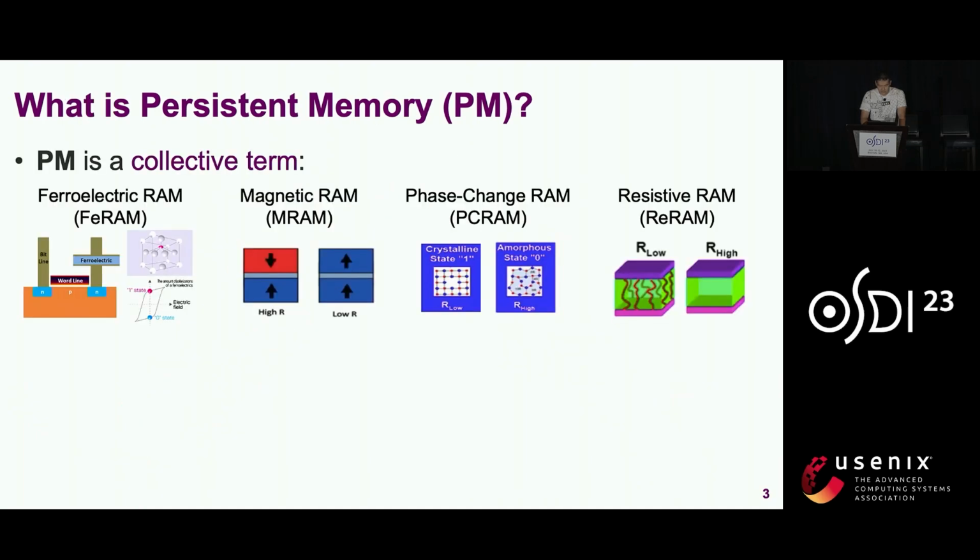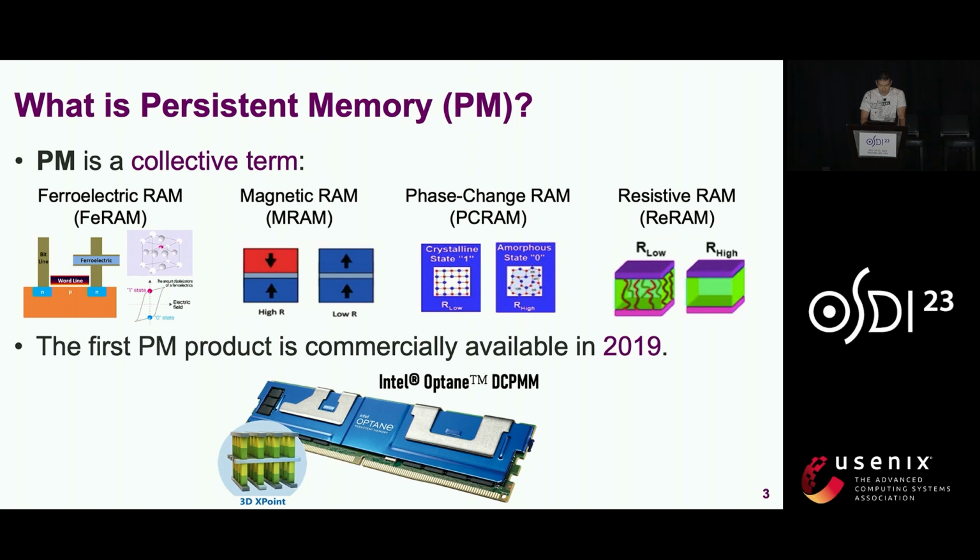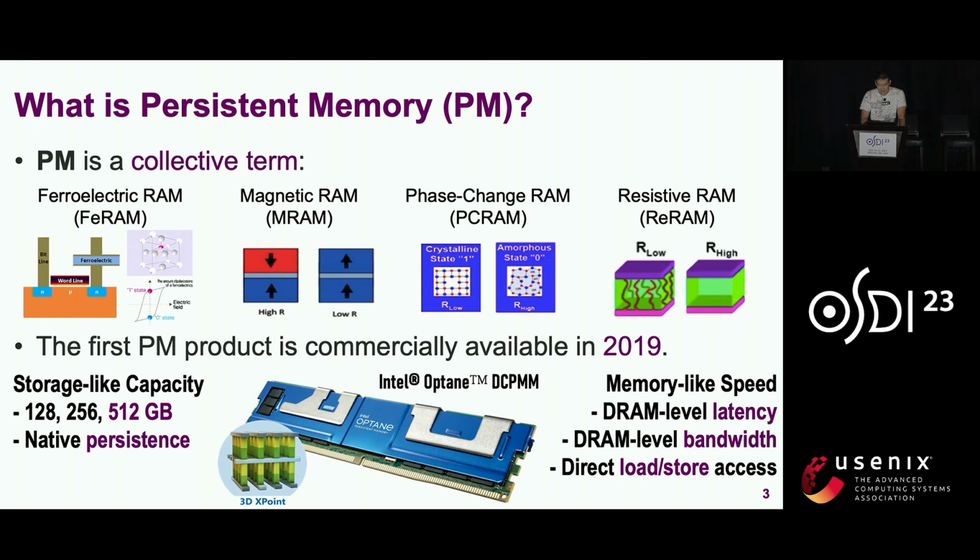The persistent memory is a collective term which refers to a wide range of memory technologies sharing some common properties. The first PM product, Intel Optane, became commercially available in 2019. It provides large capacity per DIMM with persistence and DRAM-level latency, bandwidth, and load/store support.